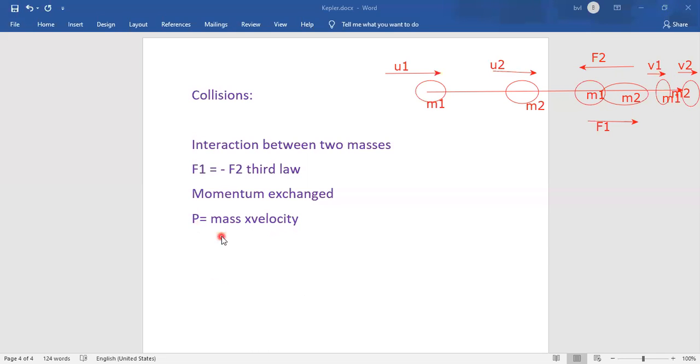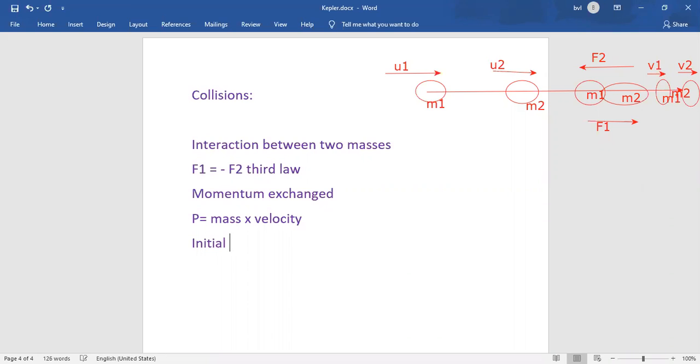Here, P equals mass into velocity. This is the momentum of the system. So here we have to write the initial momentum. Initial values are always denoted by u1 and u2.